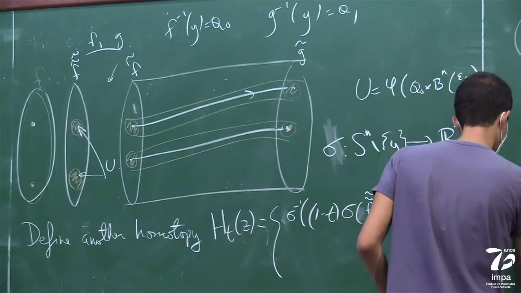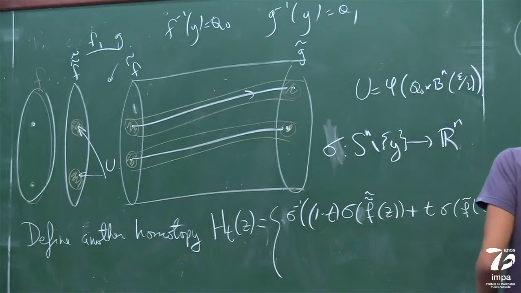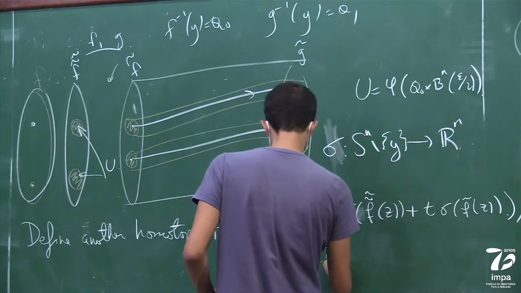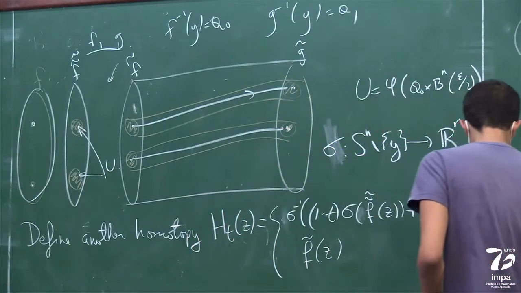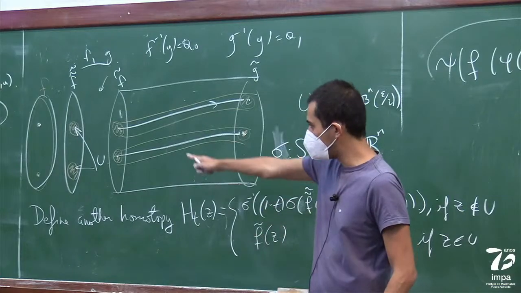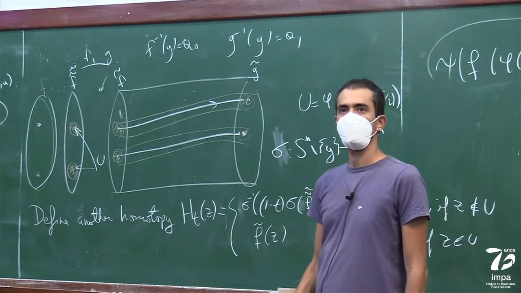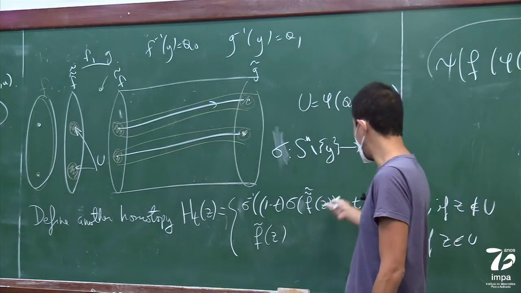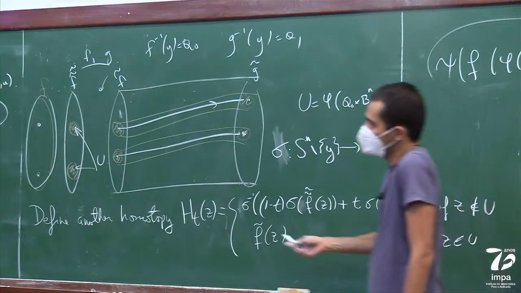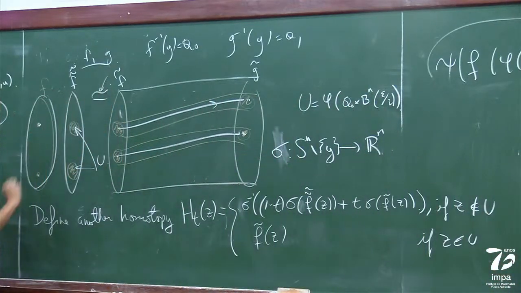So this is if z does not belong to U. And if z belongs to U, then I just set it to be f tilde of z. But in U, f tilde and f double tilde are already the same. So this is why I don't even need a bump function. They actually glue nicely. So there you go. I basically get this homotopy too.